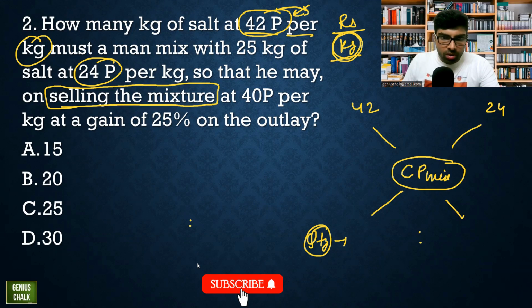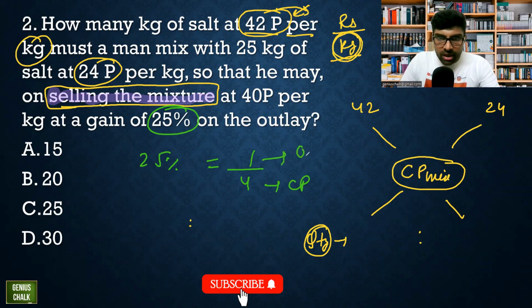Why? Because we have to find the cost price of the mixture anyhow, but here they are giving you the selling price of the mixture. So let's find the selling price of the mixture first. You know what 25% is? 25% means 1 by 4. We take 4 as the cost price, 1 as the gain.